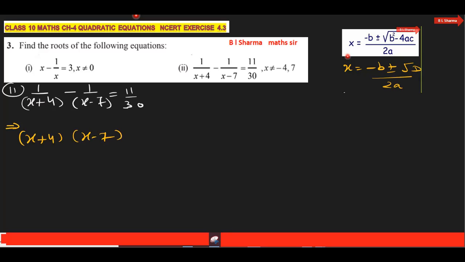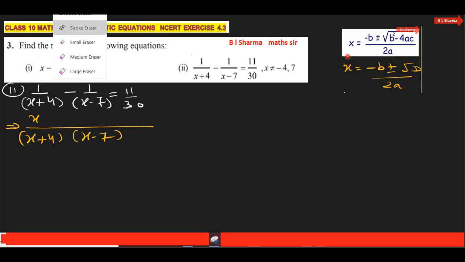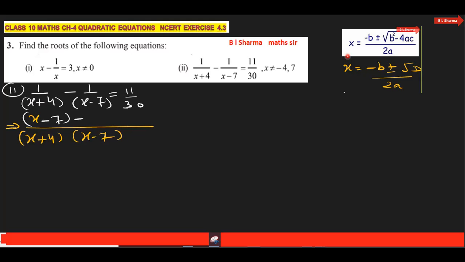देखिए x plus 4 into x minus 7, that is LCM, 1 into x minus 7 minus x plus 4, that is 11 upon 30.